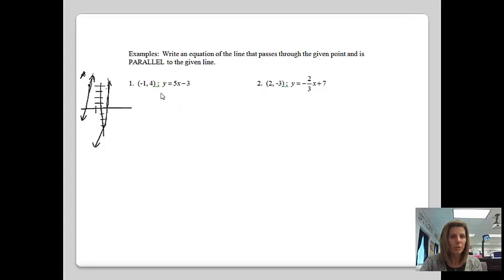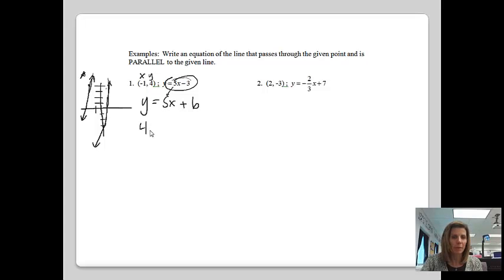Since this says y equals 5x minus 3, I also need to have y equals 5x because the slopes have to be the same. But from here, I don't know what plus or minus, so I'm going to put plus b because we don't know what that's going to be yet. Now notice I do have an x and a y, so we are all set to plug information in to find that b.